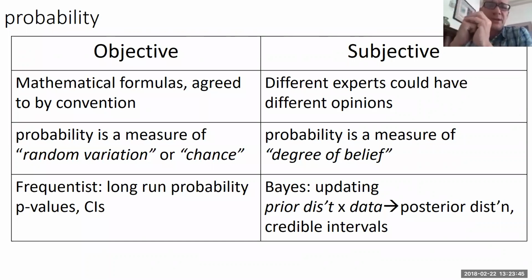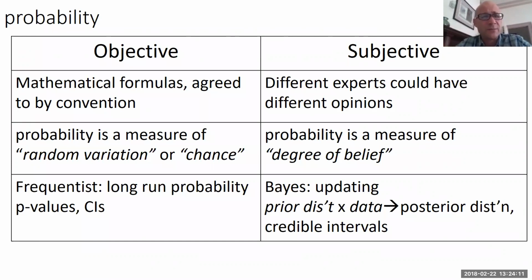So essentially, we have two types of probability. One is objective probability, so it's classical, frequentist, long-run probability that dates back to the 1600s. And it's objective in two ways. One, it's objective because we're using a model of probability based on some sort of physical system. So we're imagining that probability is like tossing a coin.